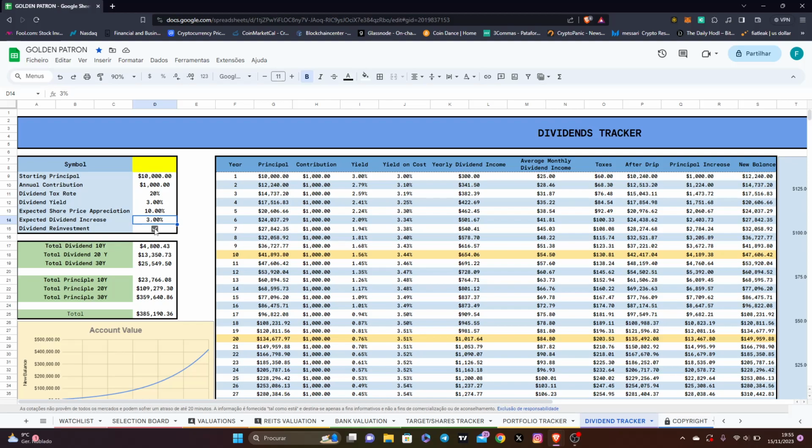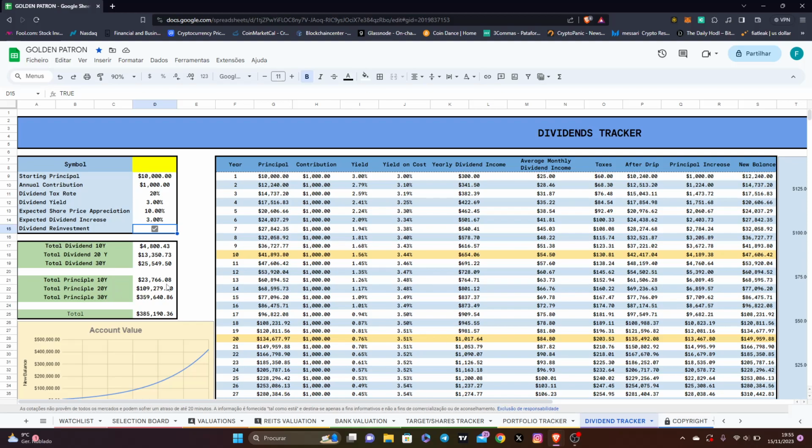If you didn't want to reinvest your dividends or gains, you just take them out. As you can see, it changed, but if you want to reinvest, just leave the check mark. Down here, it tells you how much you are going to be making after 10 years, 20 years, and 30 years, and the total principal as well.